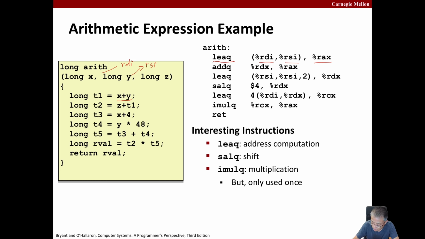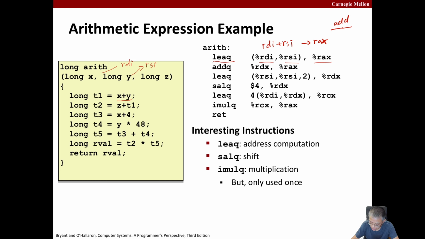The LEA instruction will just do RDI plus RSI and save this to RAX. So we don't need to use the add instruction. We can use the LEA instruction. It will be faster than the add instruction, but it also serves the purpose.